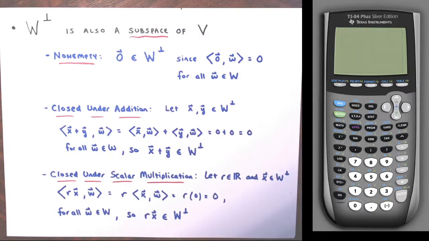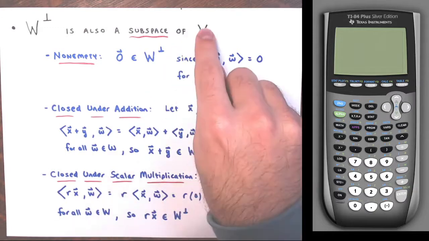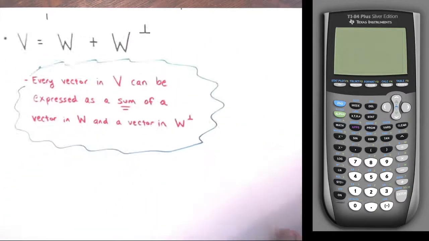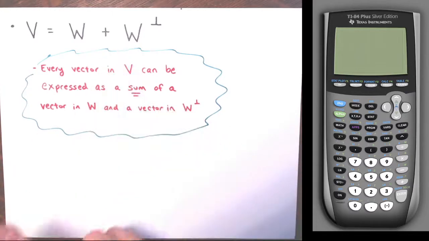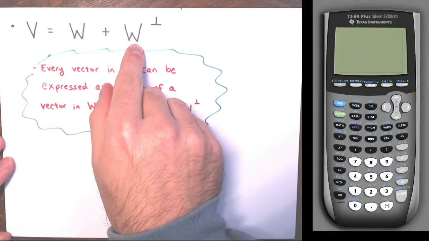And then another page I've shown in previous videos is that now that we have a subspace and its orthogonal complement, the larger inner product space V, that those were subspaces of, can be expressed as the sum, and in fact a direct sum, which we'll see in a minute, of W and its orthogonal complement, right?